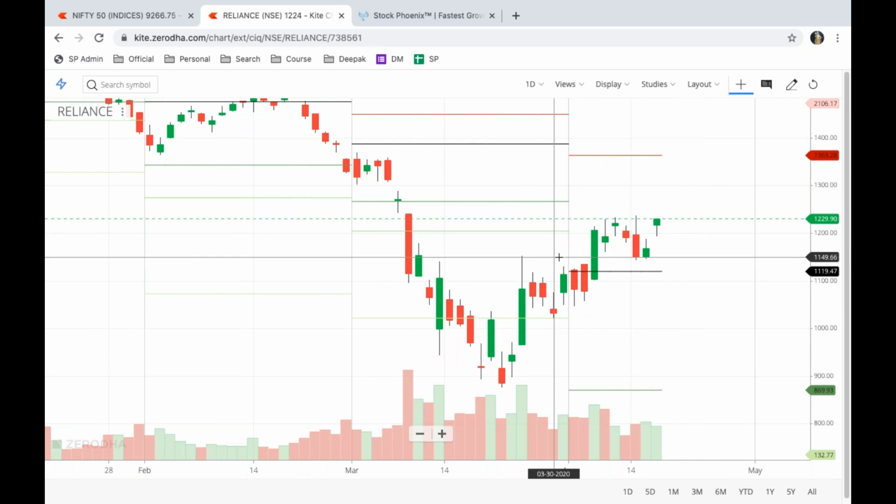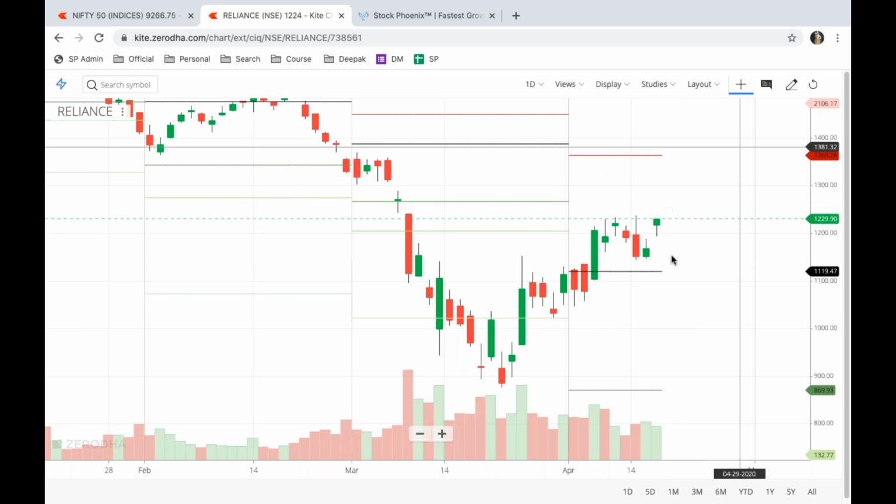We don't have any data calculation on pivot, so it is not required. You can just add the pivot. Yes, we need a daily chart, right? We are going to analyze only on a daily chart. As of now we are doing a daily chart only.